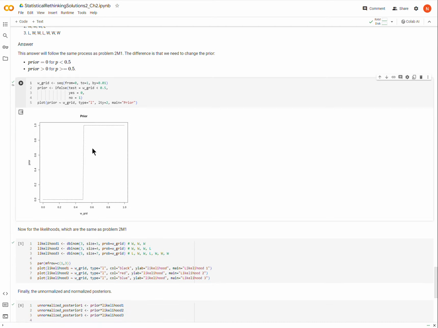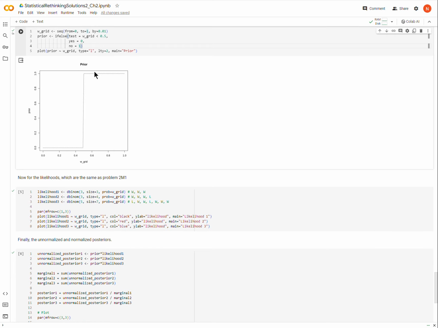Once we go to or above 0.5, we have one value that's the same for all of them. When W grid is not less than 0.5, we've used a value of 1. This is not really important. We could put any value here and it's not going to affect our results.